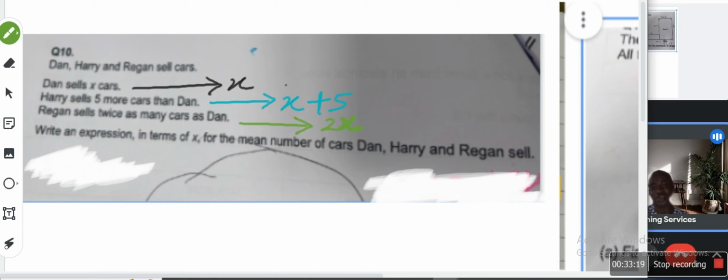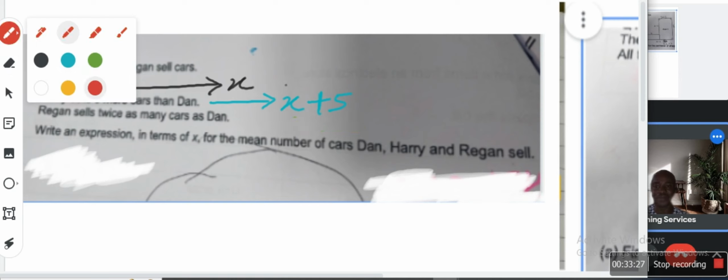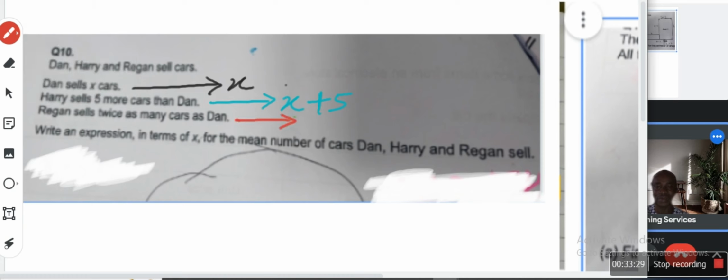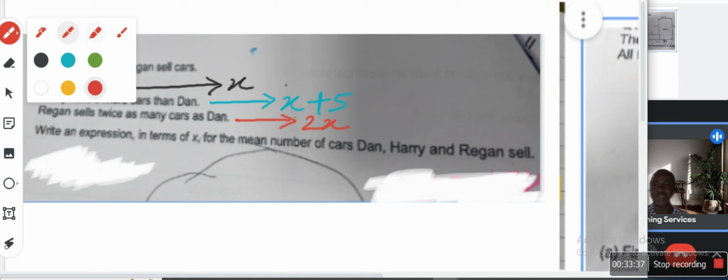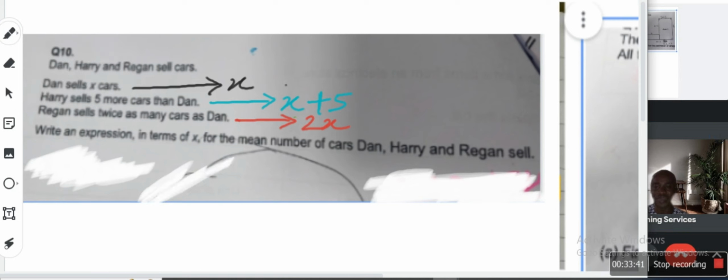So what's the question now? Let me write this in red so that it will come out better. In terms of X, the mean number of cars Dan, Harry, and Regan sell. You know mean. Mean is average. How do you find average?